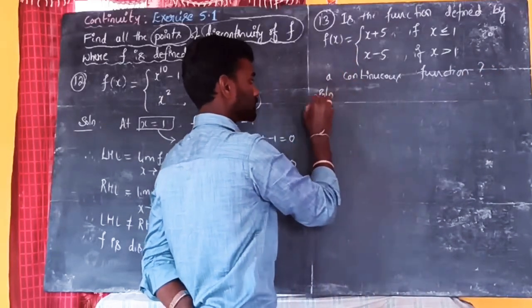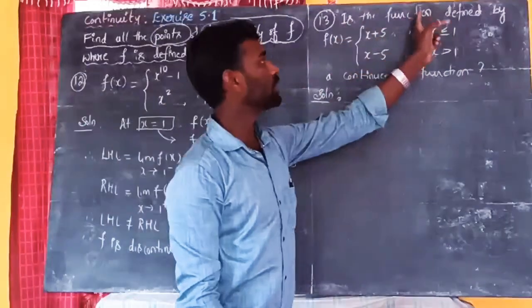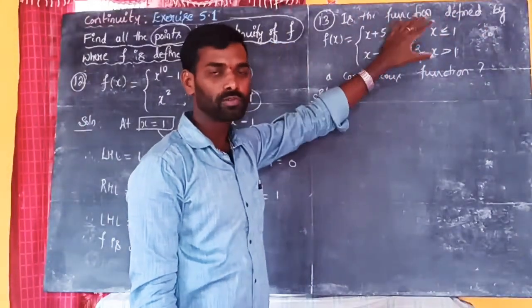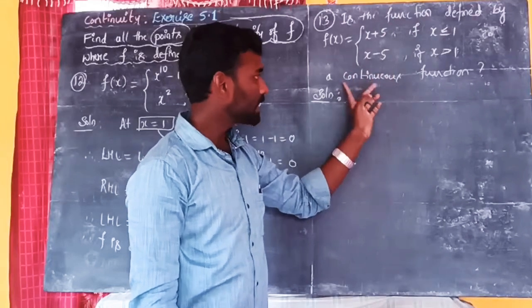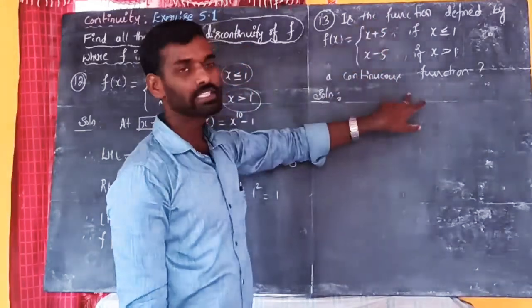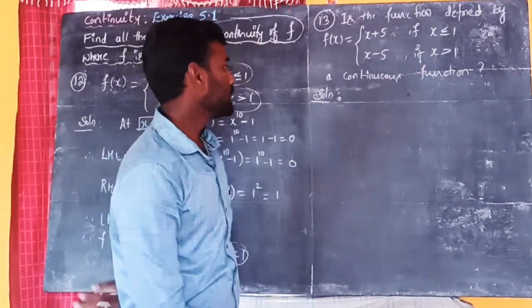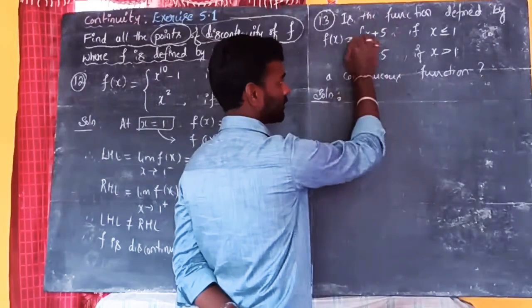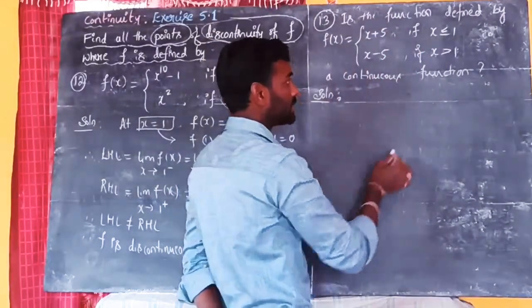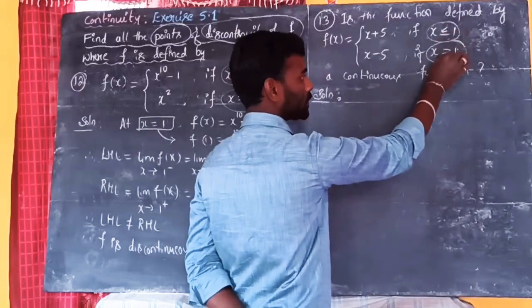Solution. Observe the question carefully. Is the function defined by f of x is equal to this function a continuous function? We have to check whether this function is continuous or not. It is defined at x less than or equal to, and greater than.